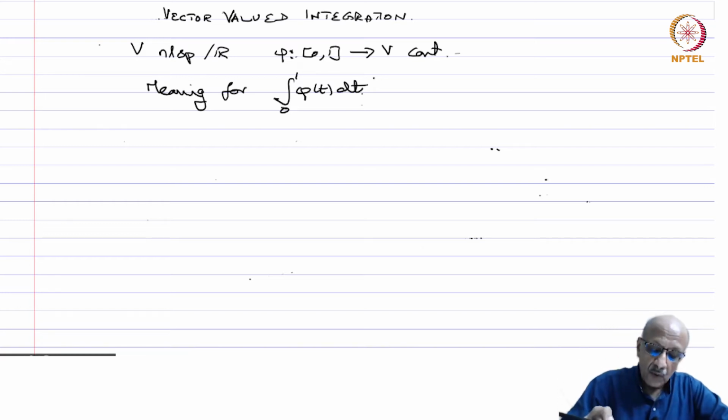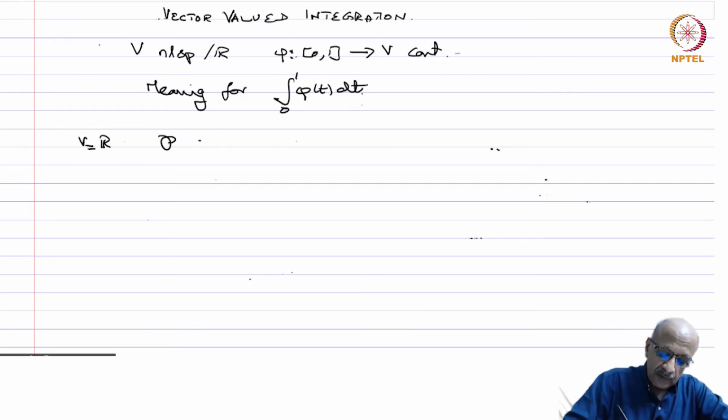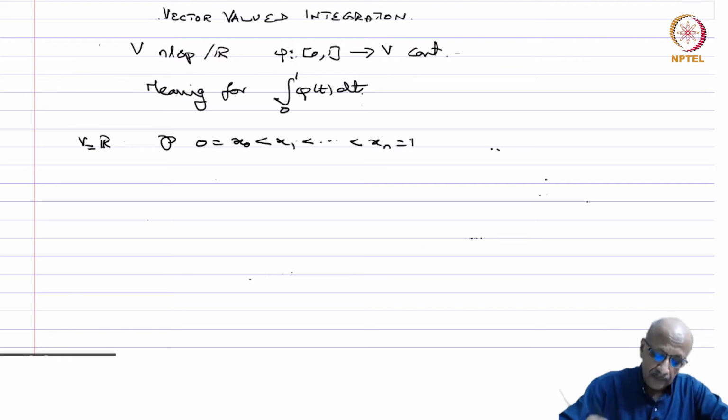Okay, so what do you do if V equals R, for instance? If V were R, you would have taken a partition P of the interval 0, 1. So this will be 0 equals x naught less than x1 etc. less than xn equal to 1.